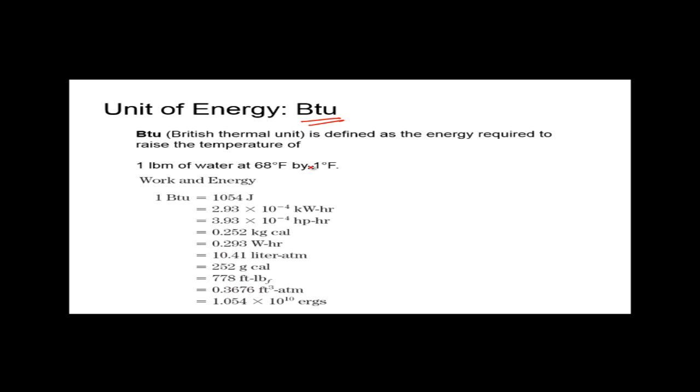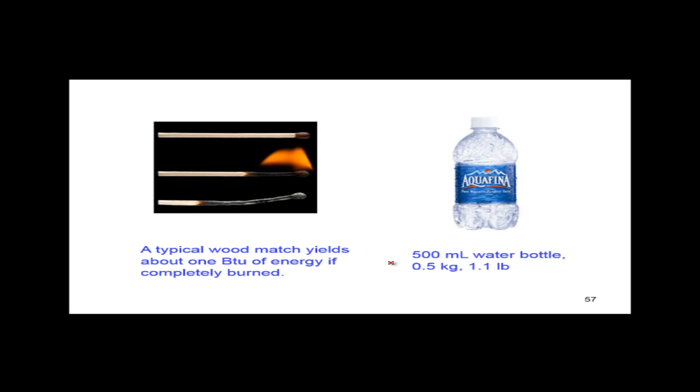So it's the amount of energy required for 1 pound of water to go up by 1 degree F. There's a bunch of energy conversion factors that are available. I don't know if all of these are available on your equation sheet. Some of them are. Look at your equation sheet, useful in exams. This is just out of the textbook showing that 1 BTU of energy is about burning 1 wood match.